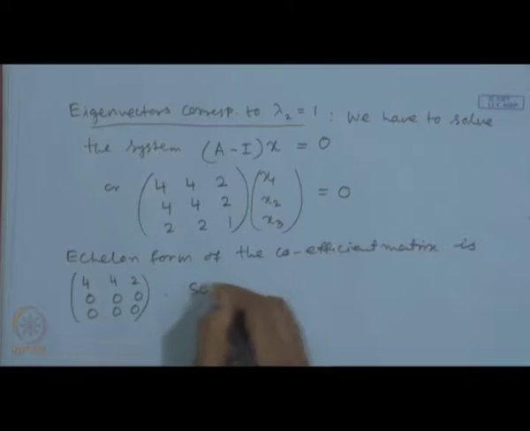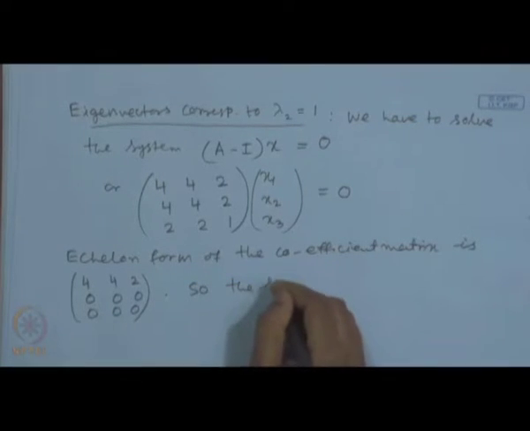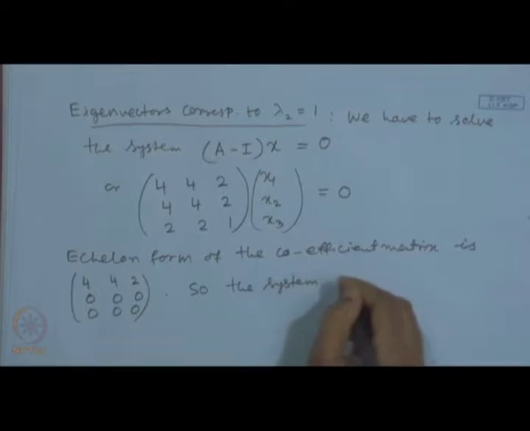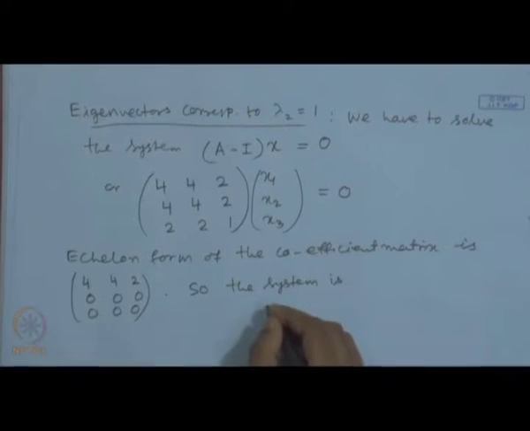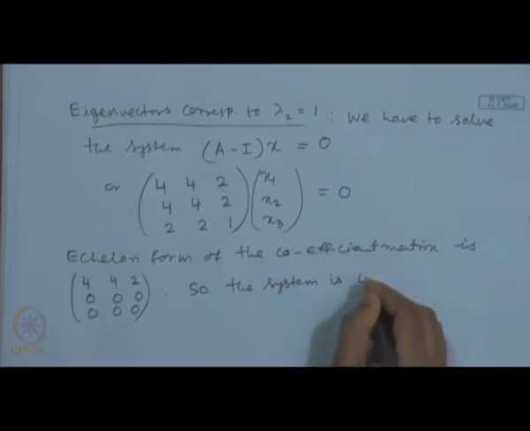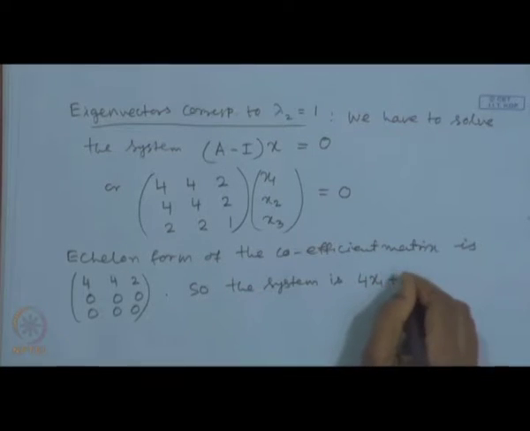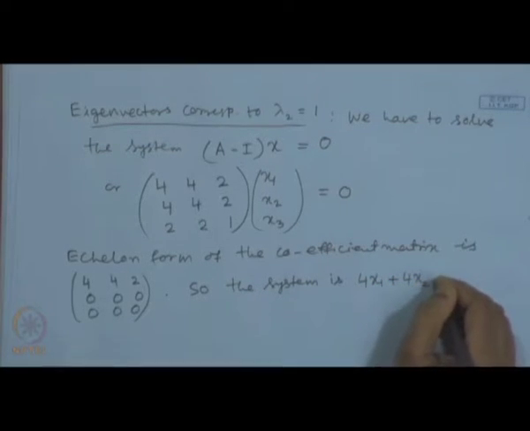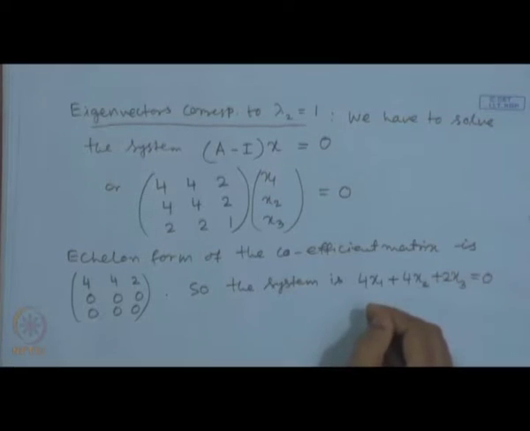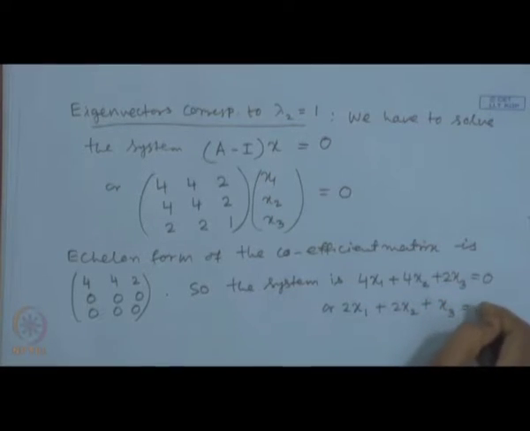So, this system is given by 4x1 + 4x2 + 2x3 = 0, or 2x1 + 2x2 + x3 = 0.